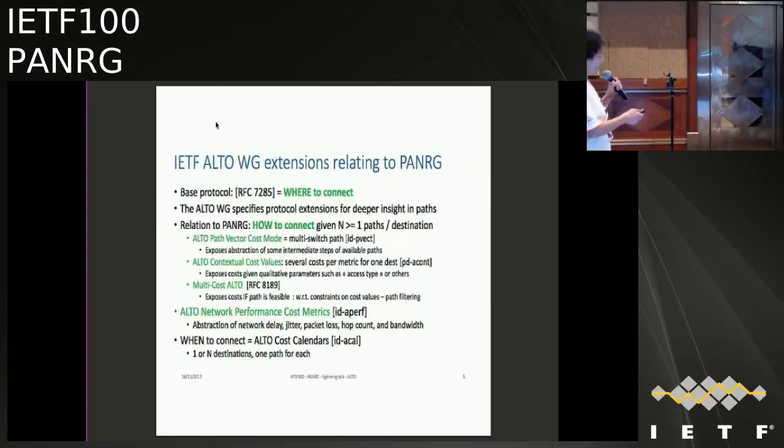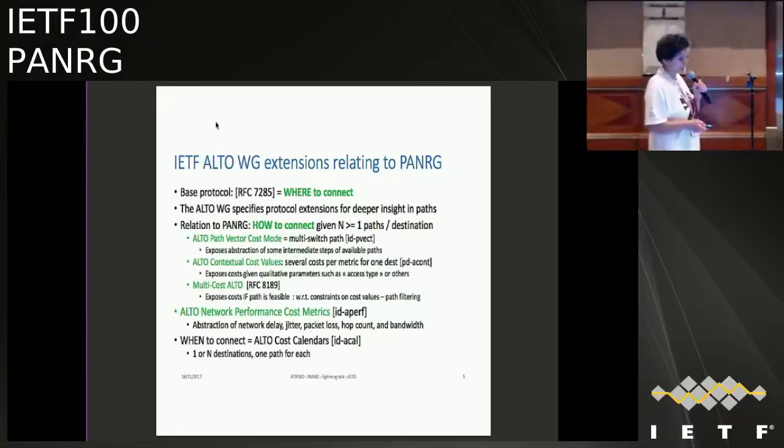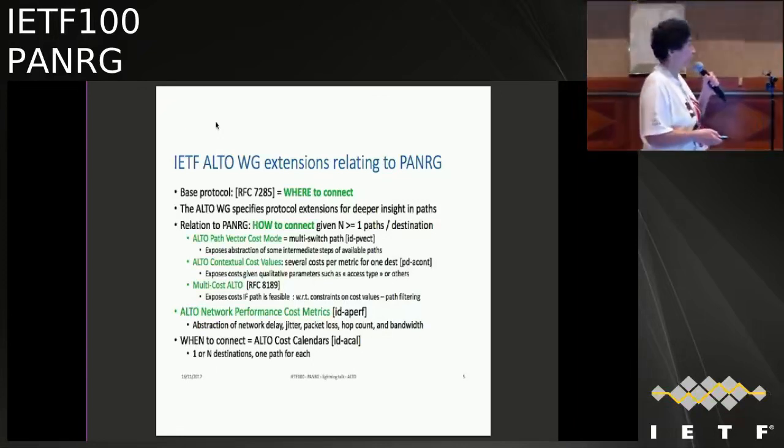So, well, PANRG, we may say, is actually looking at how to connect, whereas the base protocol is looking at where to connect. So the Alto working group is specifying and working on a number of extensions to address this aspect.